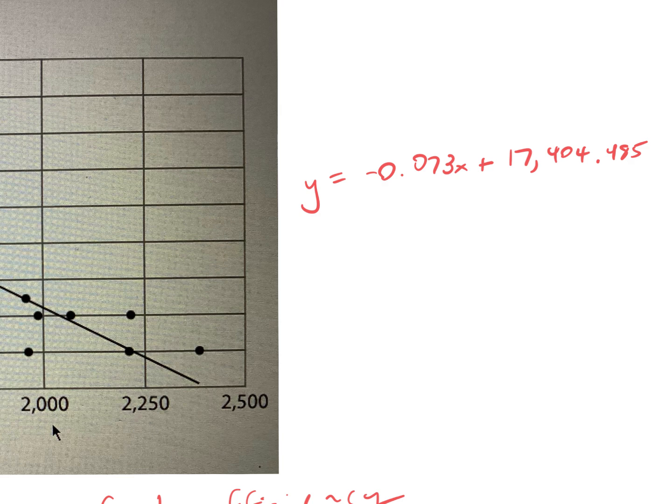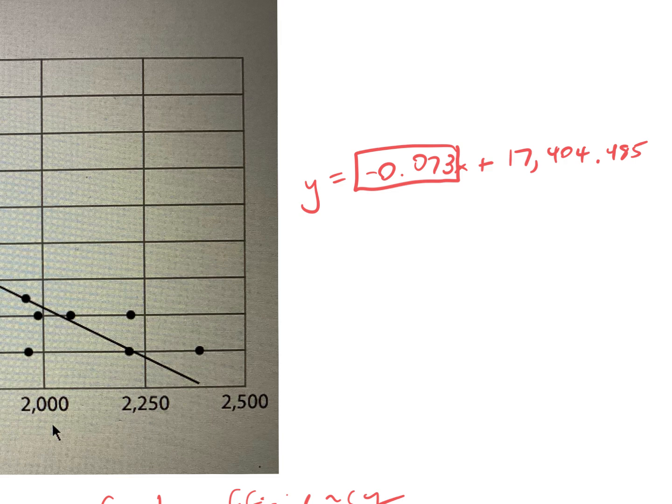So in this case, we're looking at the slope. Remember, the slope is always the coefficient of the x. So for this line specifically, the slope is negative 0.073. And we're going to describe what the slope means for this situation.